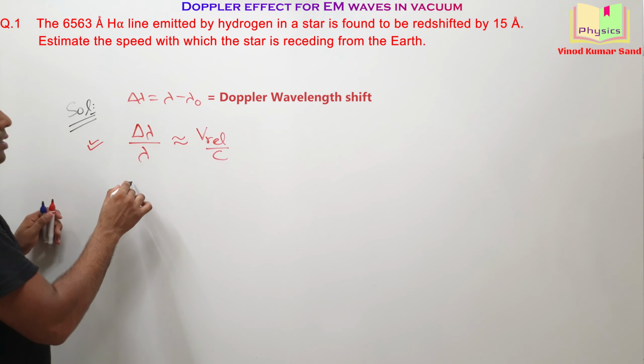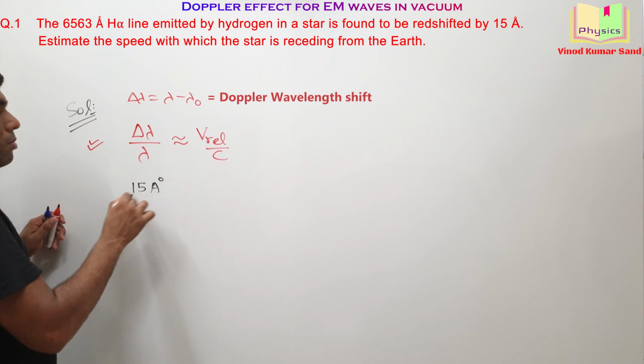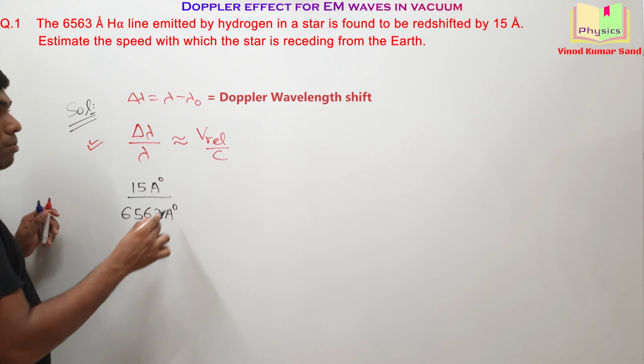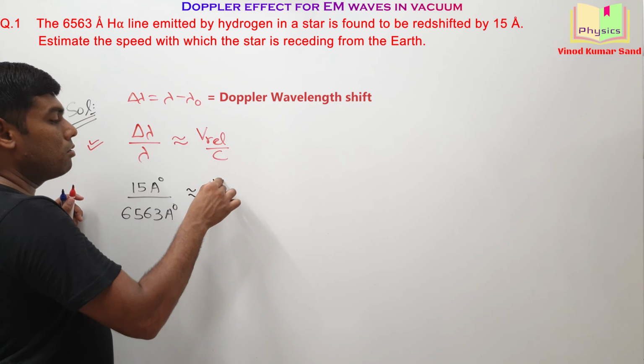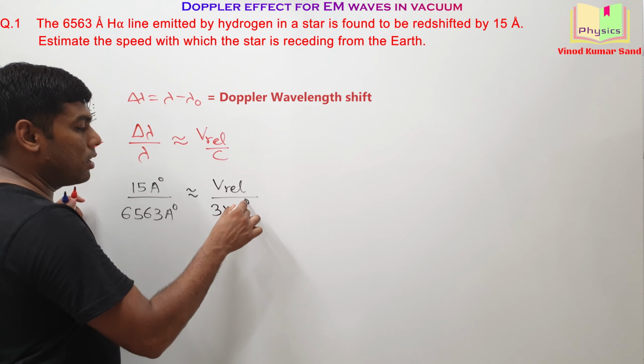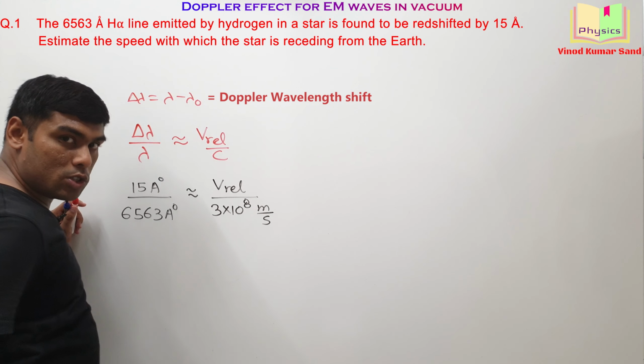Delta lambda is given as 15 angstrom, lambda was 6563 angstrom. V relative is unknown, C is 3 into 10 to the power 8 meters per second.